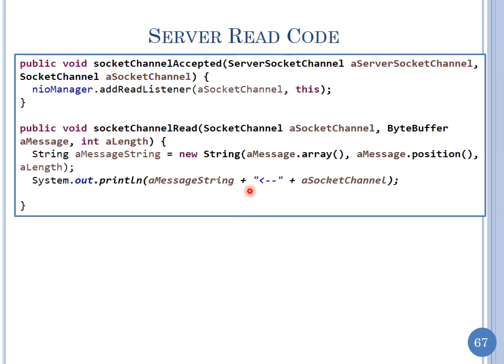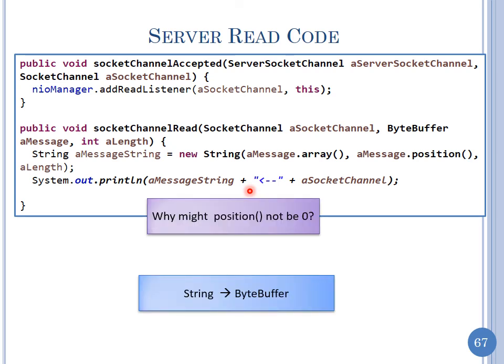So a question at this point is, we convert a string to a byte buffer, and I can use a simpler method if position was going to be 0. There can be many reasons why the position is not 0, but can you think of one reason that can be answered directly based on some of the questions I've asked recently? Why might position not be 0?